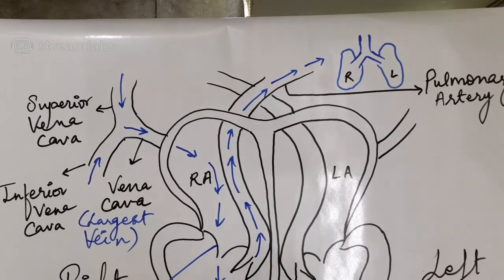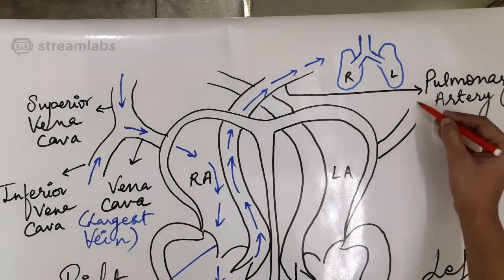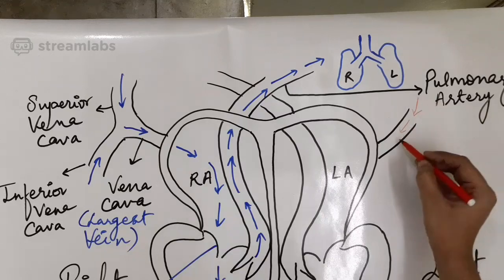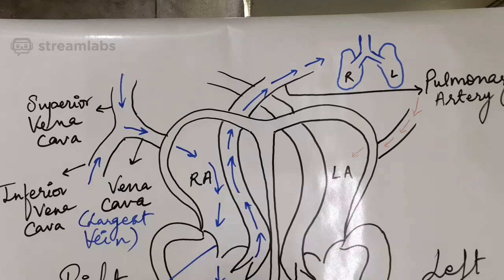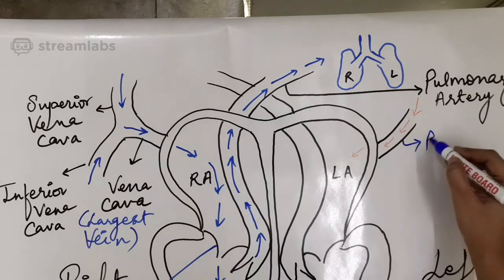And from the lungs, when it gets oxygenated, the blood comes into the heart through the vein known as the pulmonary vein.